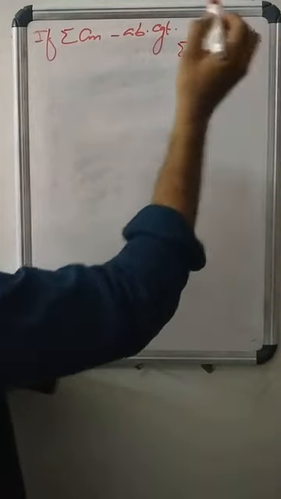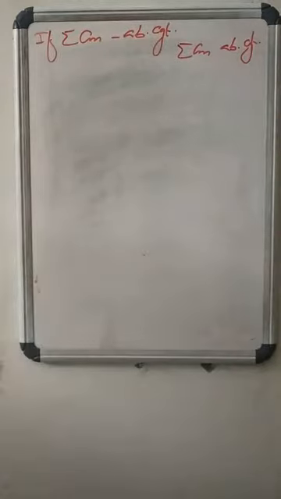What is the rearrangement theorem? It states that when a series is absolutely convergent, then a rearrangement of sigma xn converges to the same value to which sigma xn converges. Here we try to prove that when sigma an is absolutely convergent, every rearrangement of sigma an is absolutely convergent.